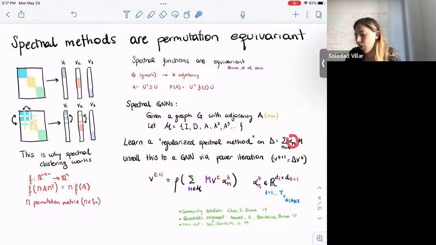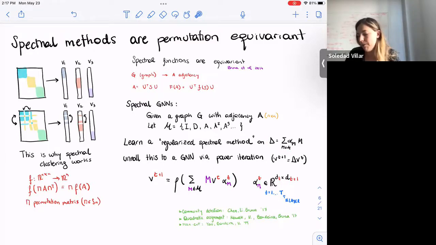And then you learn how you combine these operators, in the sense that if you apply a permutation to the graph, then all these things get the same permutation applied, and then this Laplacian is going to be equivariant with respect to that.